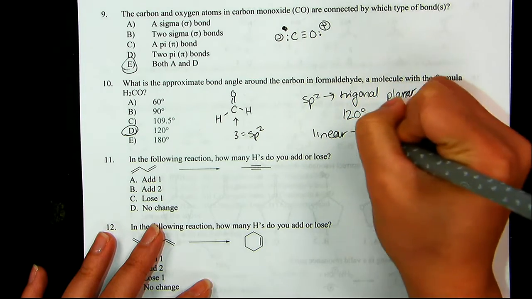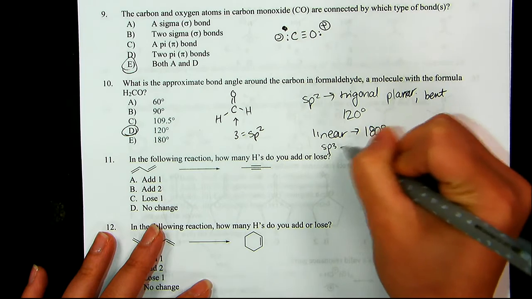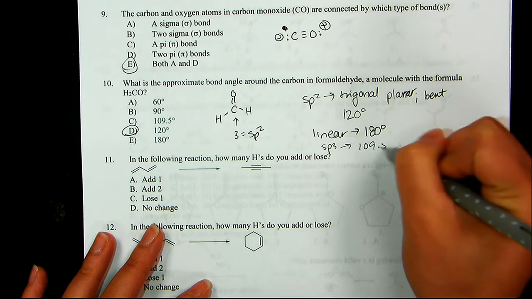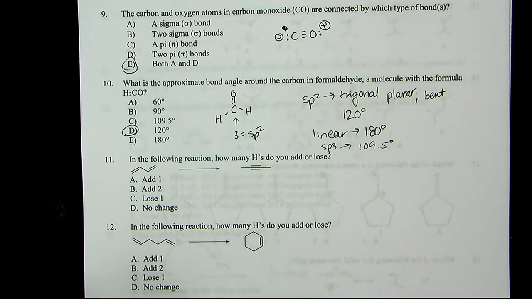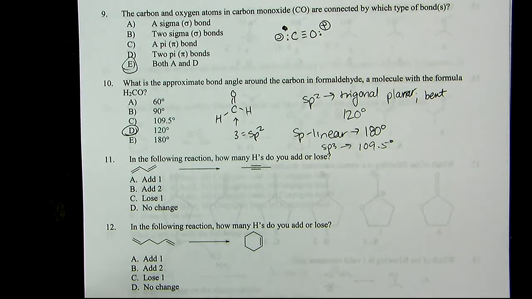Linear is 180 degrees. sp3 should be around 109.5. So those are really some great relations. And then there would be sp3.